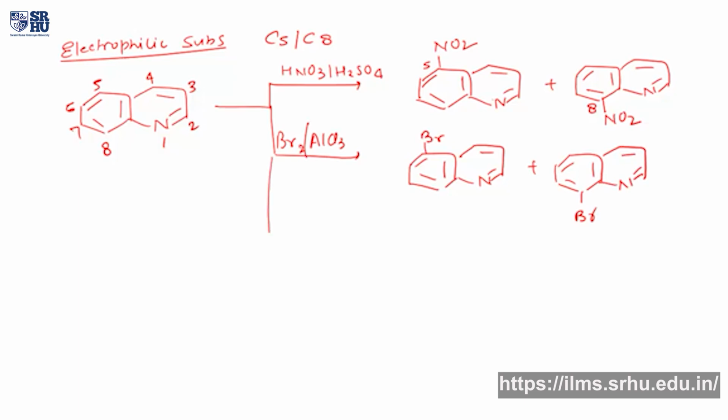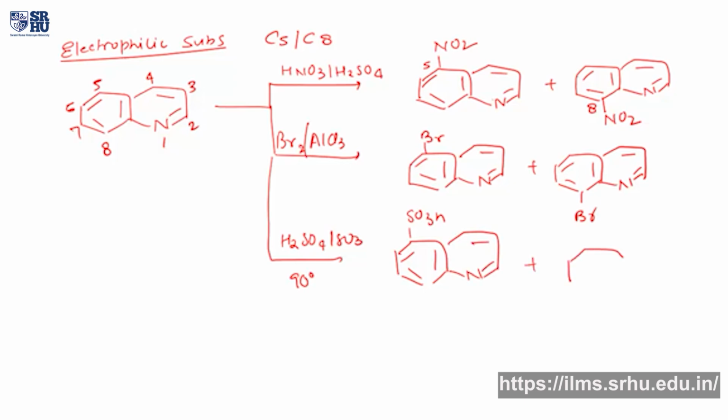You can also react with H2SO4/SO3 at 90 degrees centigrade, where sulfonation can be done either at the 5th position or at the 8th position. So both 5-substituted and 8-substituted products are formed in the electrophilic substitution reaction.